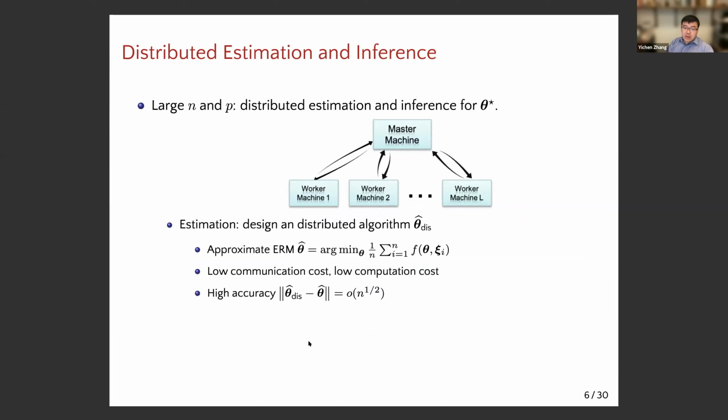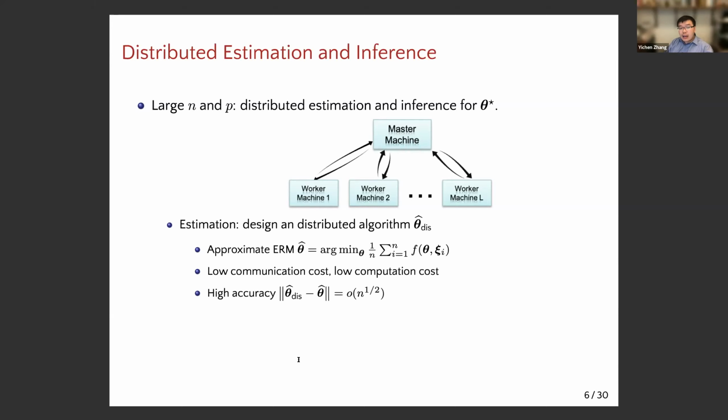We don't want to exchange too much data between the master machine and worker machines. At the same time, we want to achieve very high accuracy, so that the distributed estimator is very close to the ERM on the full data set.